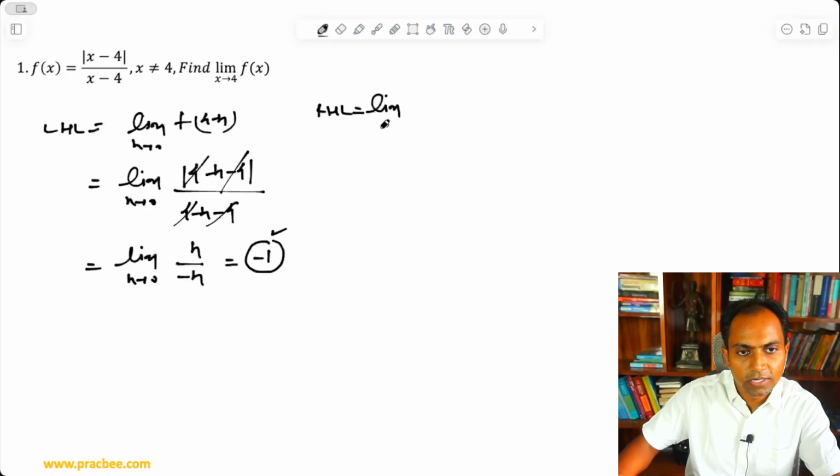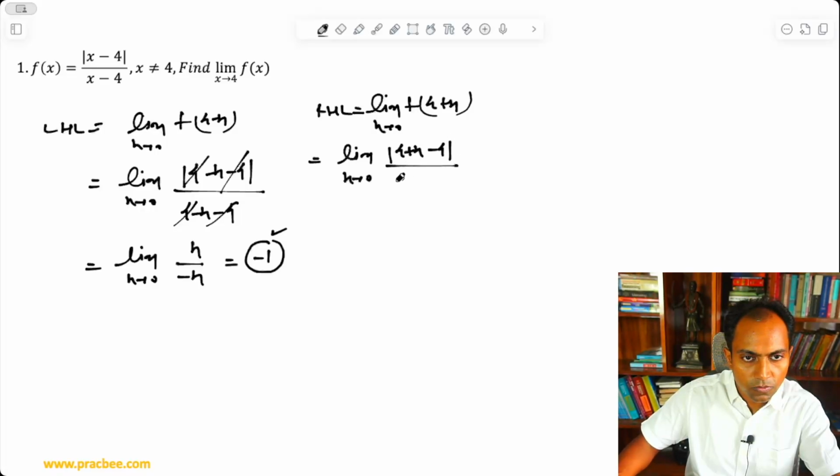Now if I find RHL, let us see what we get. Limit h tends to 0, f of 4 plus h. As a result, it becomes limit h tends to 0, modulus of (4 plus h minus 4) divided by (4 plus h minus 4). These two terms will cancel out.